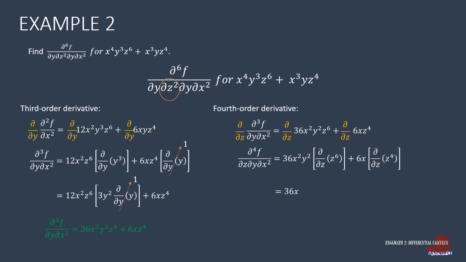This continues as 36x squared y squared times 6 z raised to 5 with the derivative of z plus 6x times 4z cubed multiplied by the derivative of z. This time, dz over dz is 1. So the fourth order derivative, which is with respect to z, y, and x, is 216x squared y squared z raised to 5 plus 24x times z cubed.